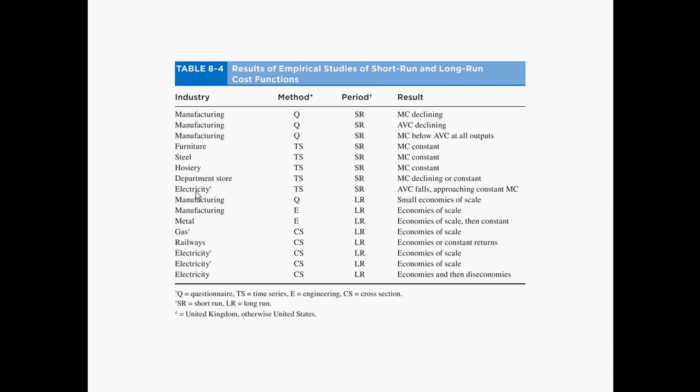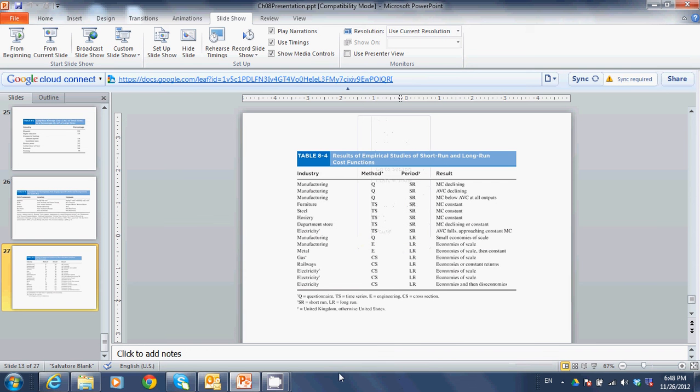And department stores, electricity, falling average variable cost, approaching marginal cost. Notice that, so electricity, here we see diseconomies. At some point you get to diseconomies. Railways, there's a suggestion here, maybe constant returns. Metal, initially economies of scale, then constant. Many of these industries you see economies of scale. So economies of scale are definitely a common phenomenon. And so that's it for Chapter 8.